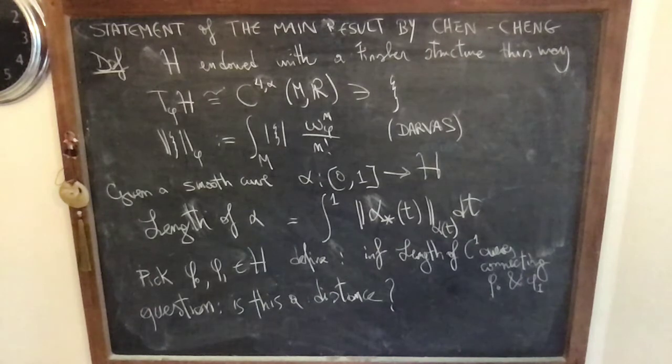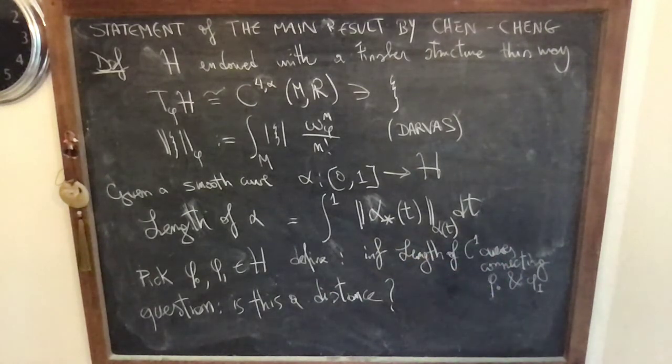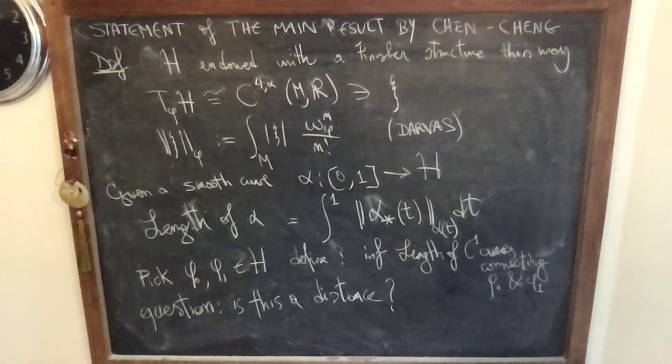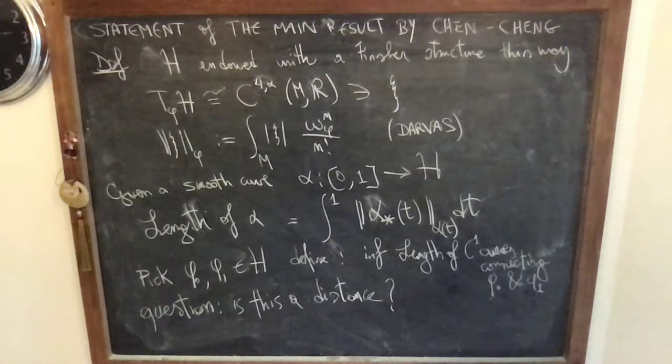And the tricky part is that this inf is positive. I mean, this inf is 0 if and only if these two Kähler potentials phi0 and phi1 are the same.